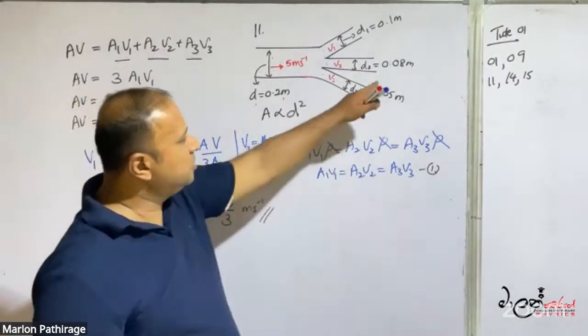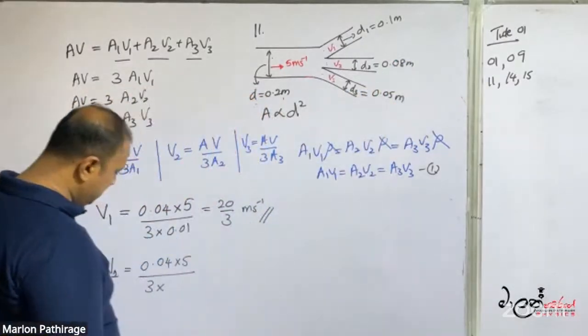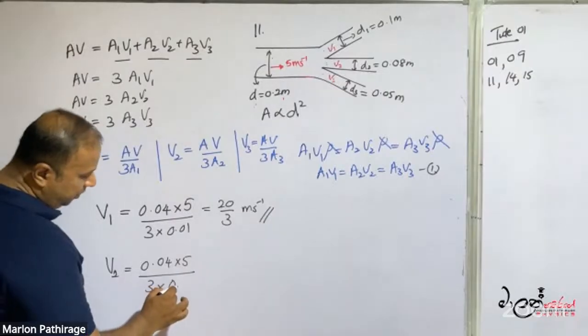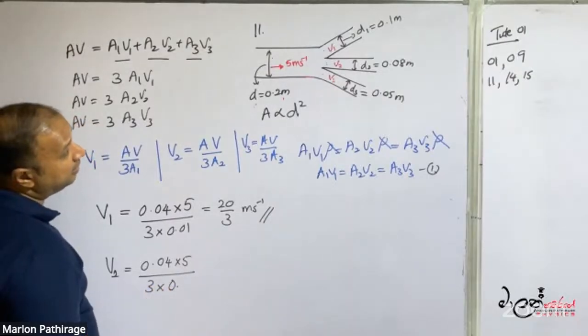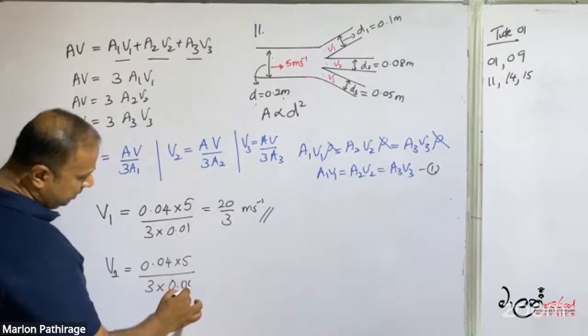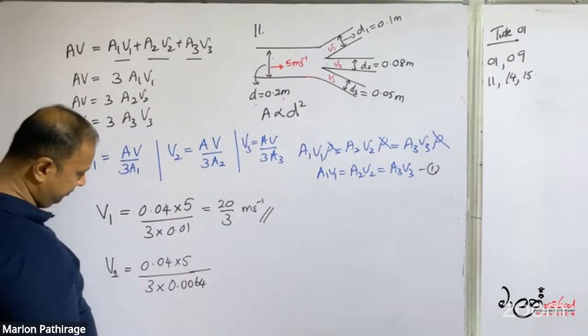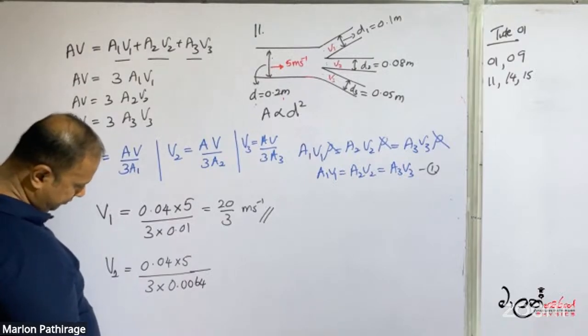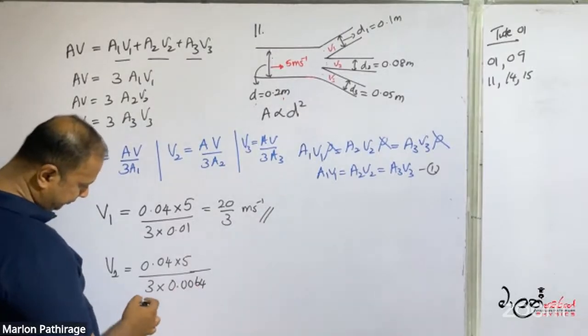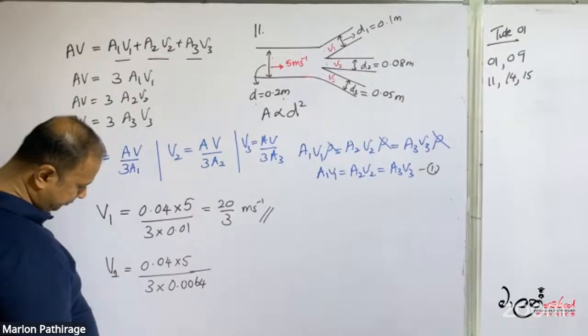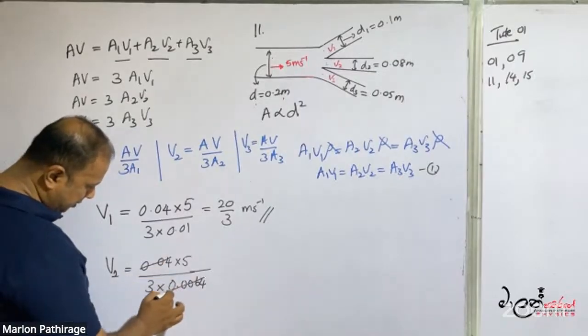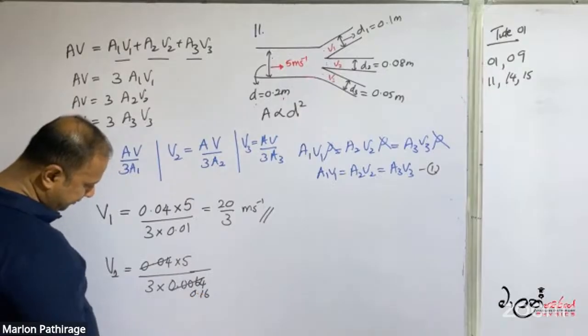A2 means D squared, that square means 0.0064... 0.16.